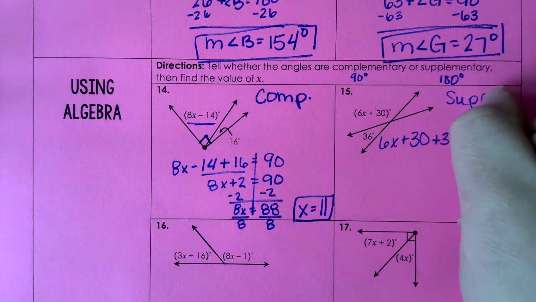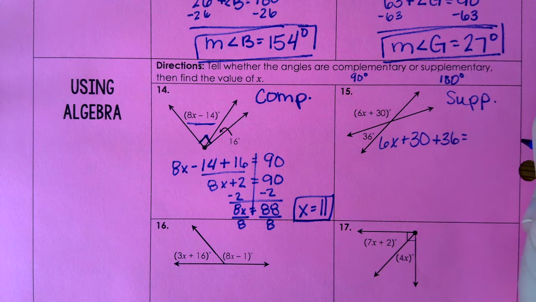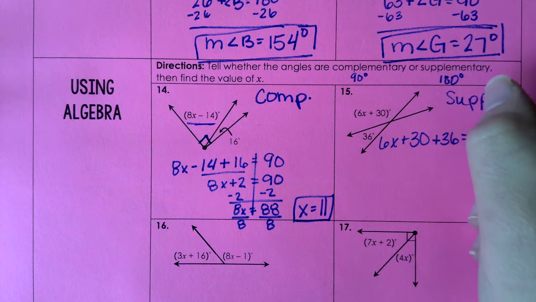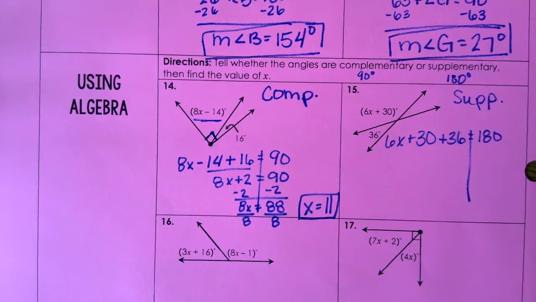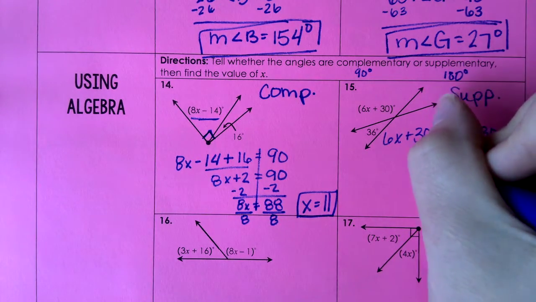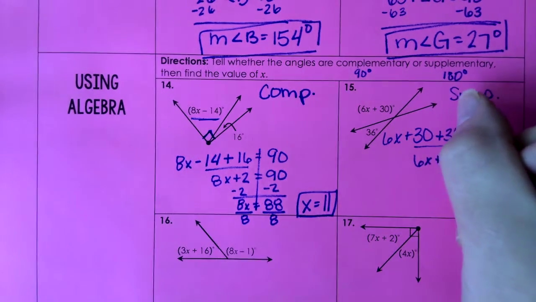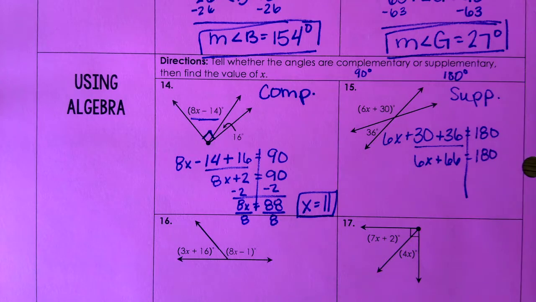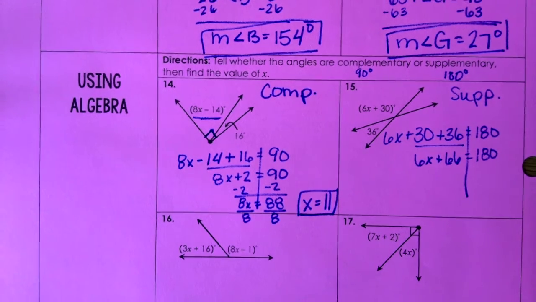Add 36 to that, and that equals 180. Okay, what do I do now? What's my first step? Simplify. So I get 6x plus 66 equals 180. Okay, now what do I do?